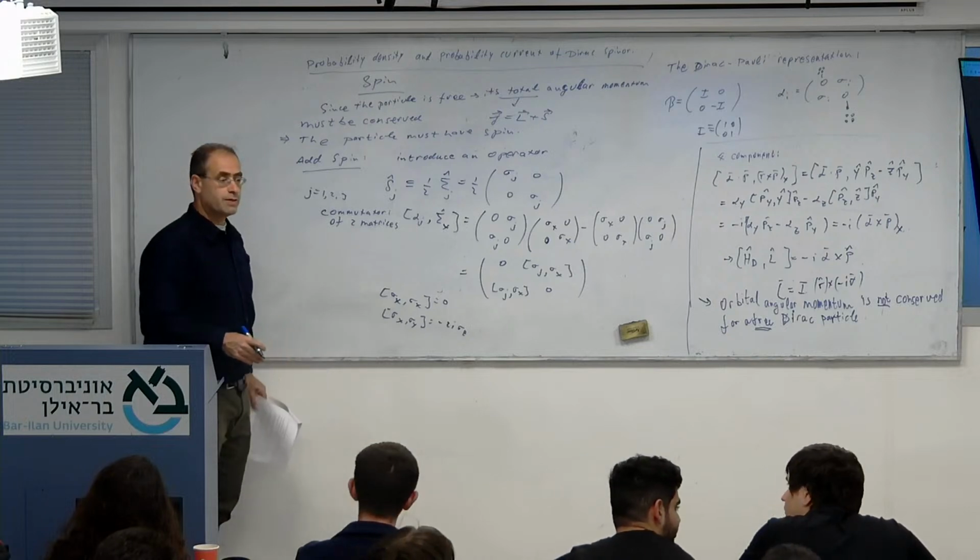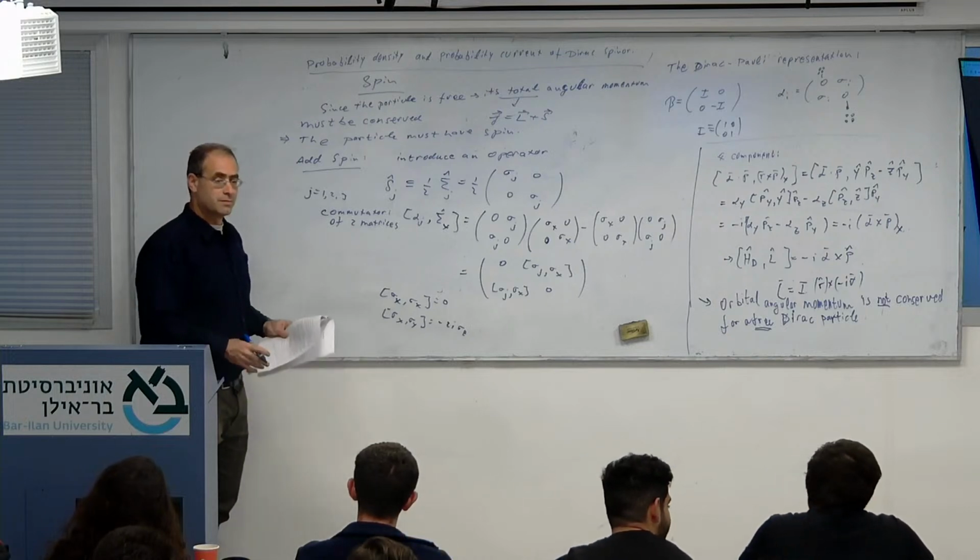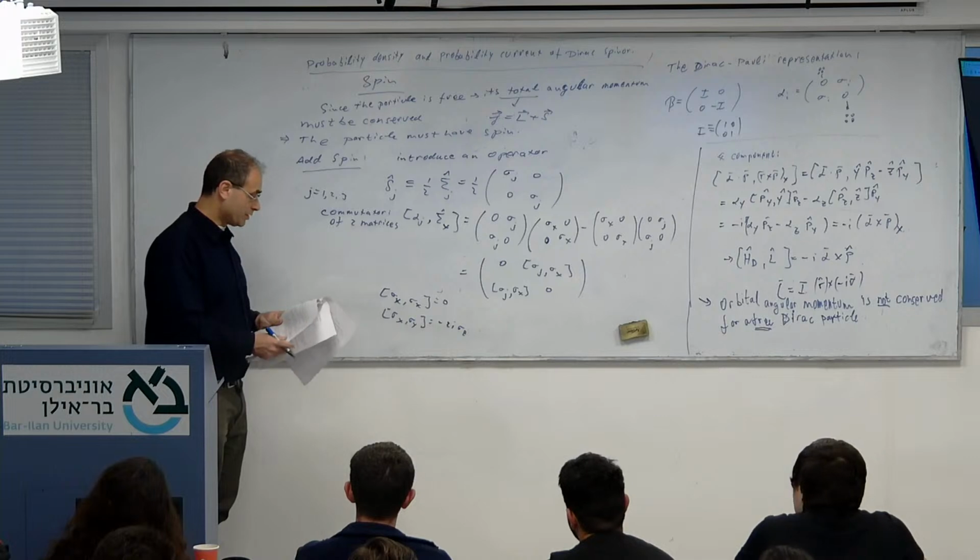The sigmas are the Pauli spin matrices. It's going to get quite confusing.